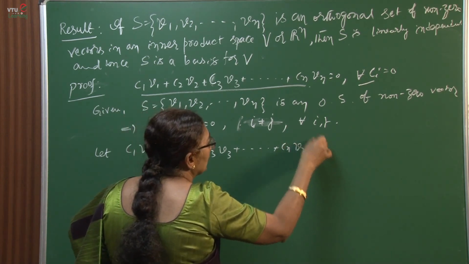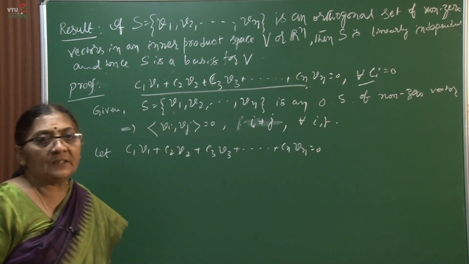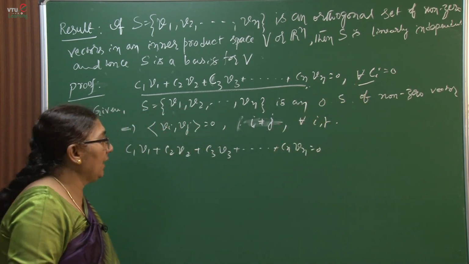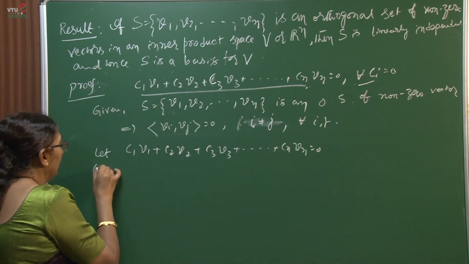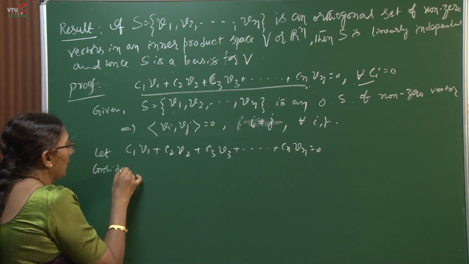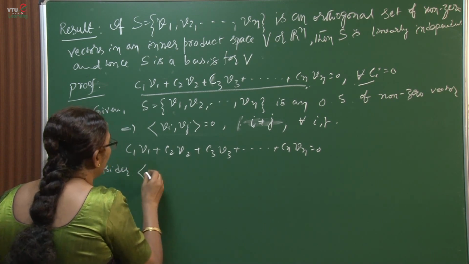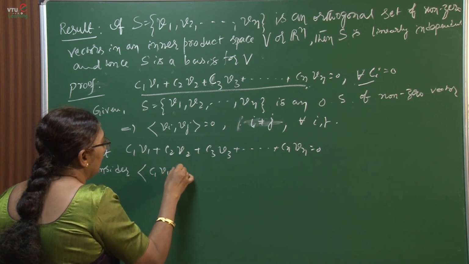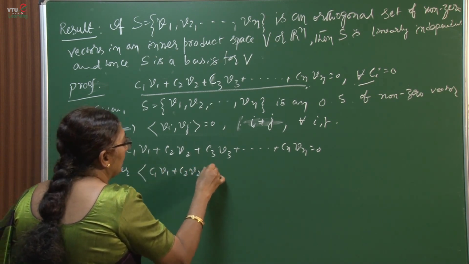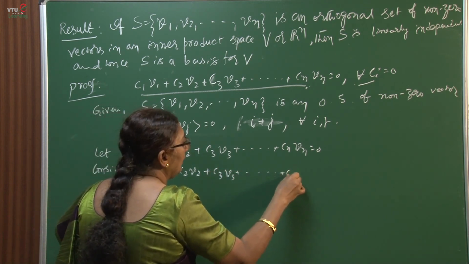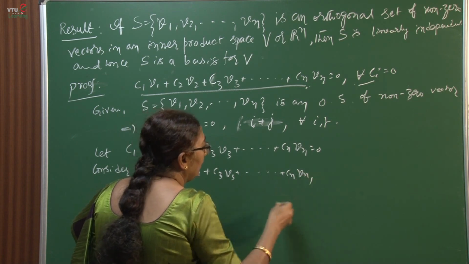What is my next step? I want to show that every Ci must be equal to 0. Okay. Therefore, consider the inner product of C1 V1 plus C2 V2 plus C3 V3 plus ... Cn Vn comma Vi.